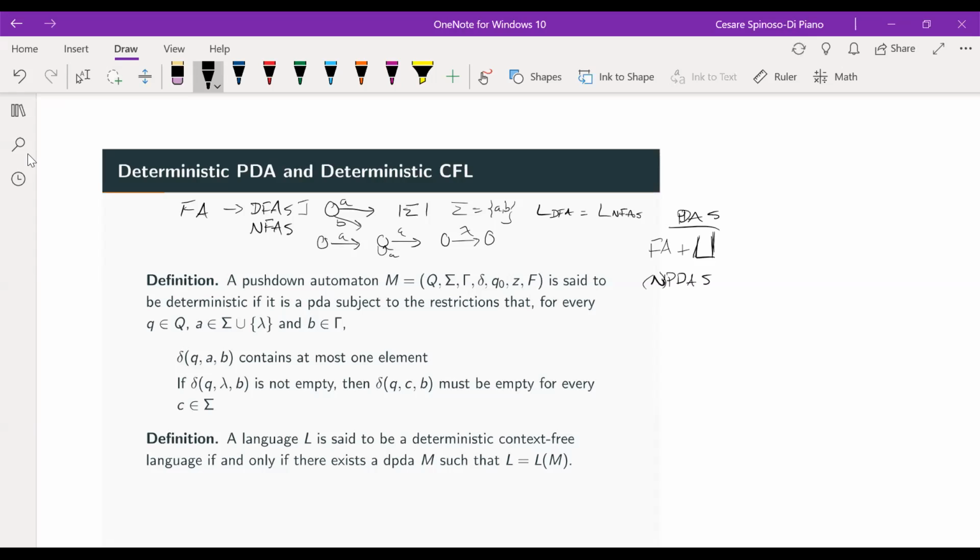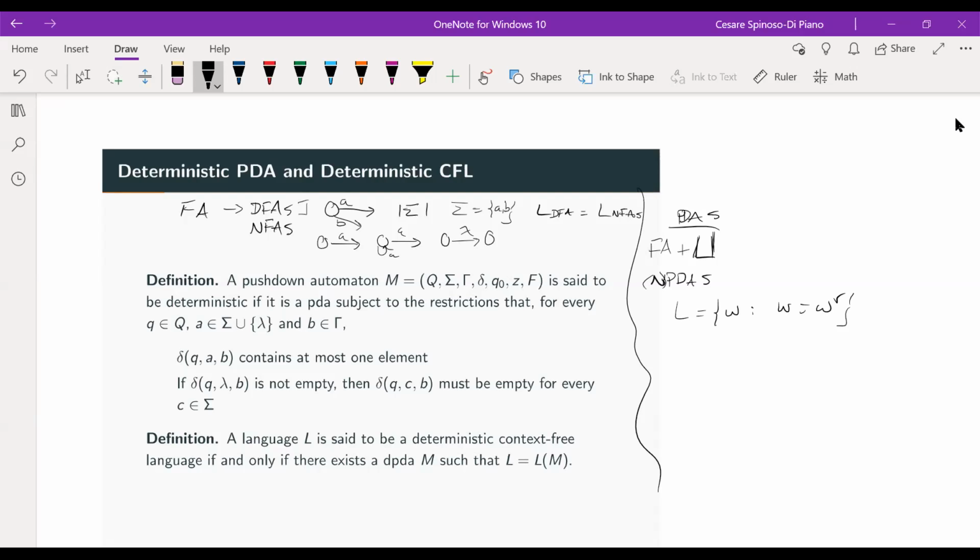The reason why we say they're NPDAs is because implicitly what your machine is doing is sometimes guessing the correct solution. So what do I mean by guessing? If, for example, you remember the language of palindromes, w equals w reversed, what was going on here?